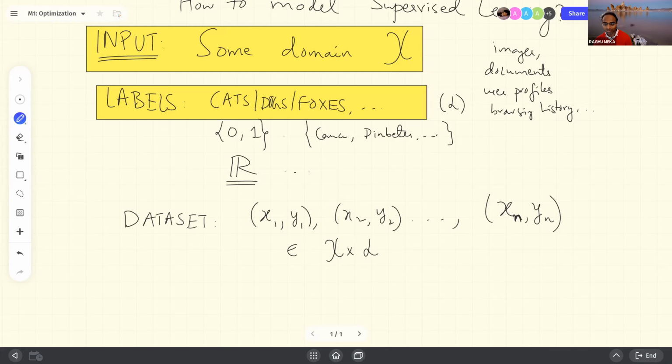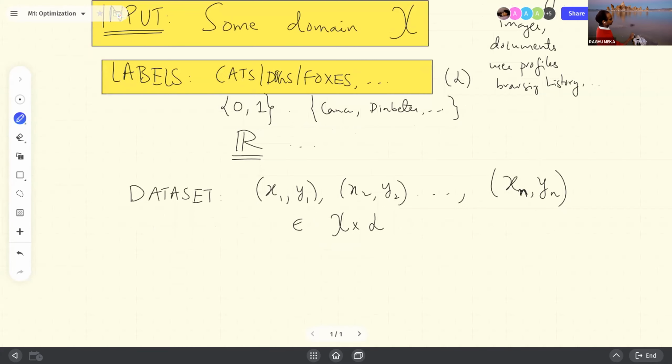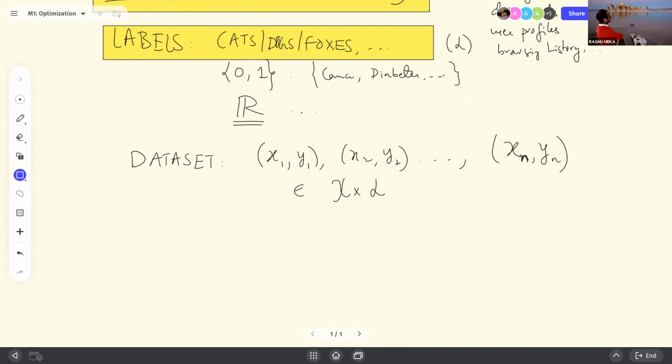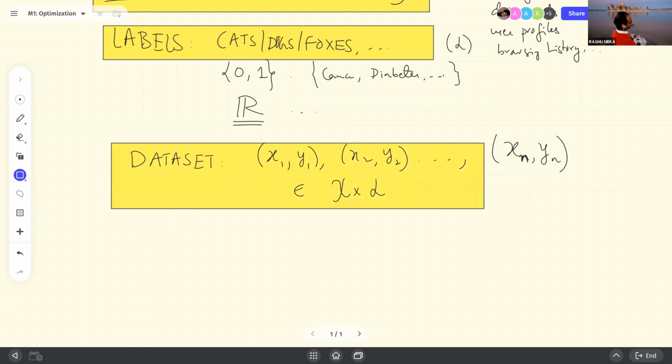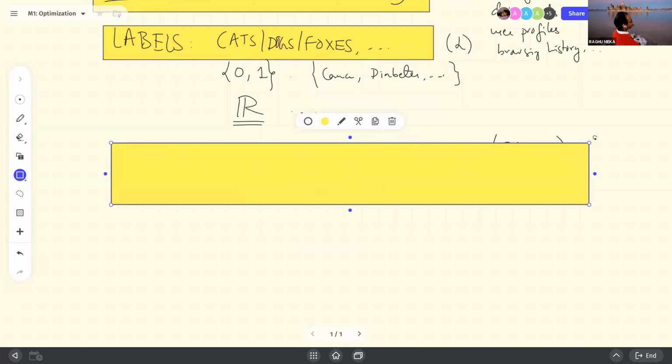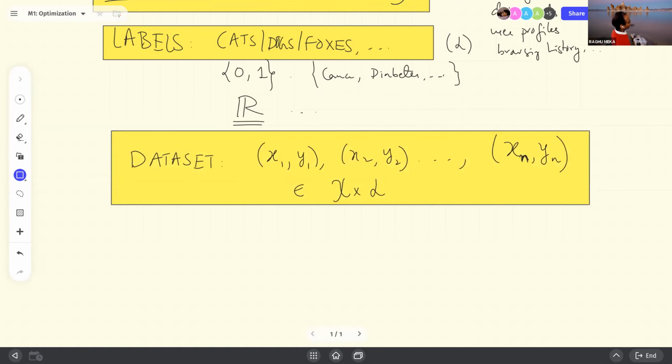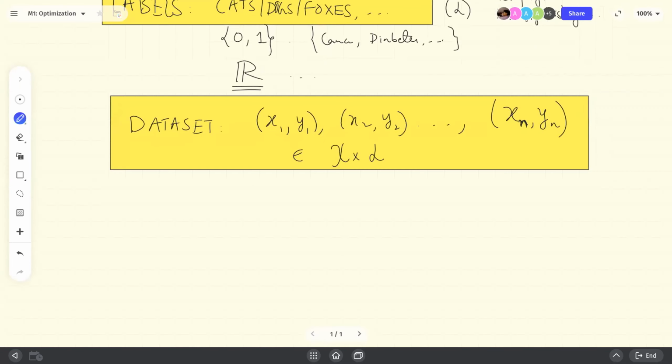So this is our input. What is our output? What is our goal later on? What are we trying to do here? What computational task are we trying to solve starting from here? We want to find the mapping from the domain to the set of labels, such that the error is minimized. Exactly. Right.